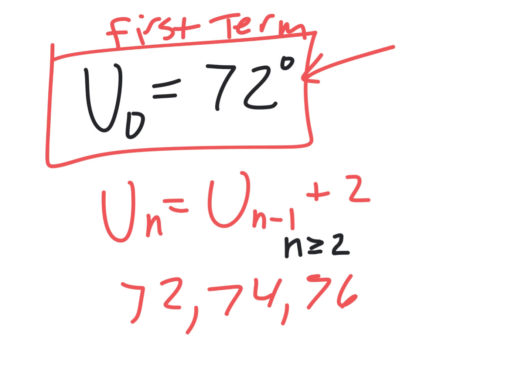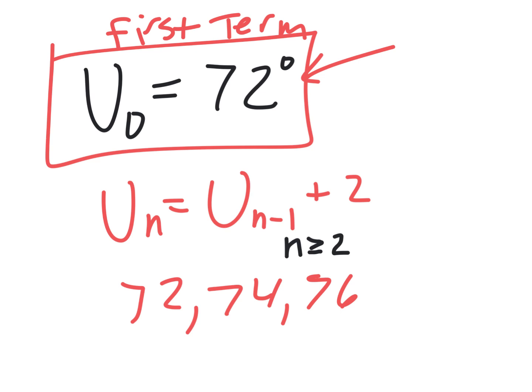I want you to process that for a second. The little sub n, the little sub number, the only thing you can predict with this formula is the second term. That's what n is greater than or equal to 2 means. The only way this formula works is for the second term, or bigger. You can predict the third term, fourth term, fifth term, but you can't predict the first term.